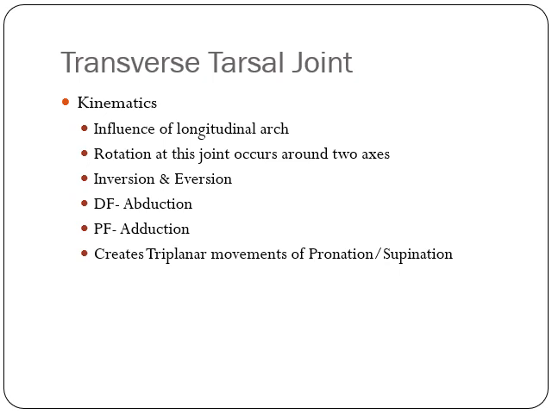So the kinematics, again, this joint is really going to influence the longitudinal arch. And the rotation at this joint is going to occur around 2 axes, and we'll show this on the next slide.